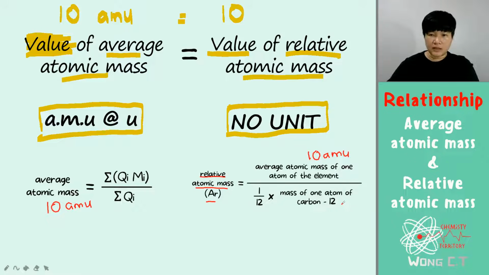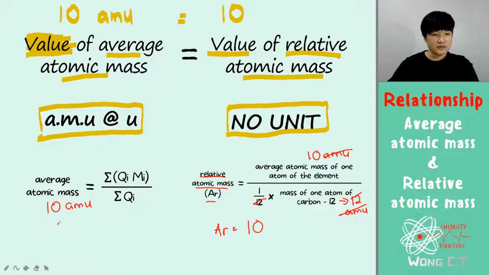The mass of one carbon-12 is actually 12 AMU. So mathematically, 1/12 times 12, the 12 cancels off, so you have 1 AMU left. The AMU cancels off, so you realize that the relative atomic mass calculated is 10.